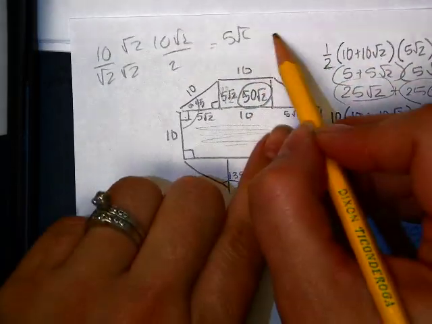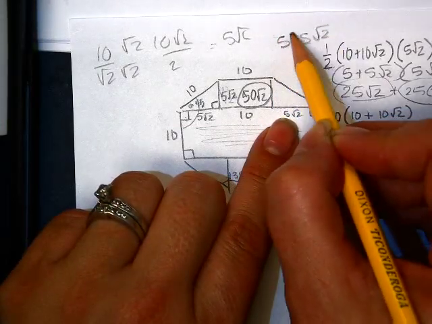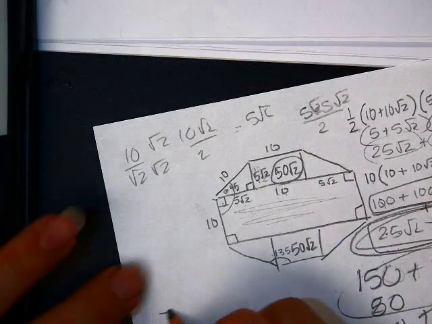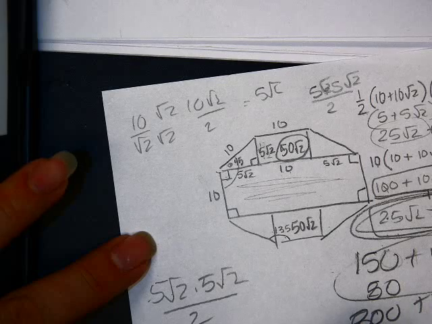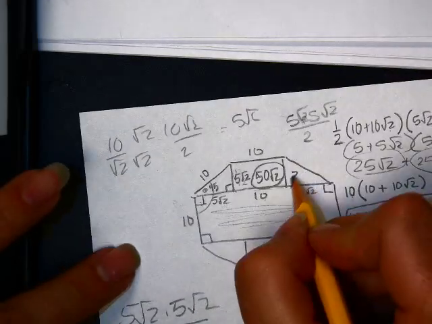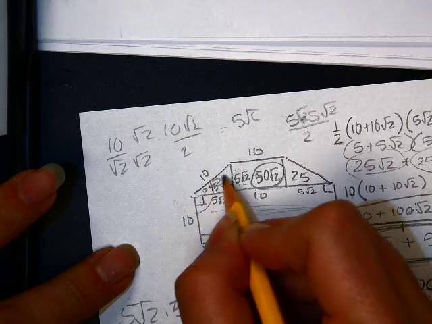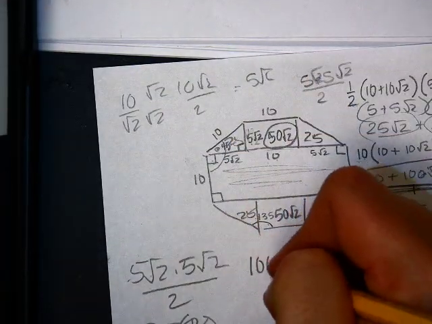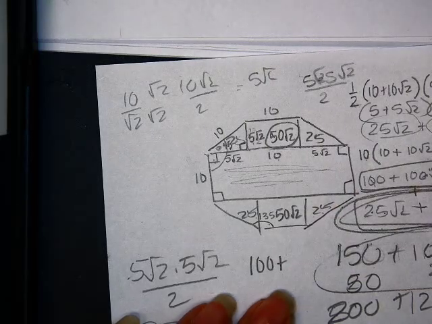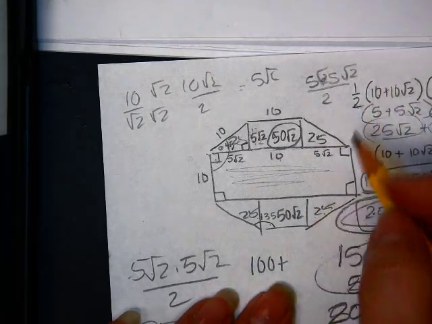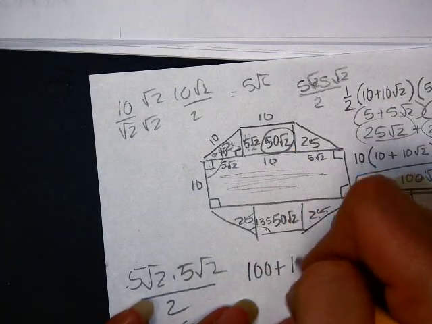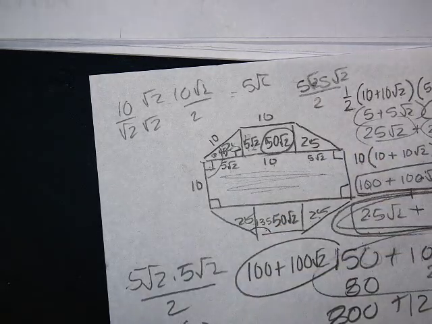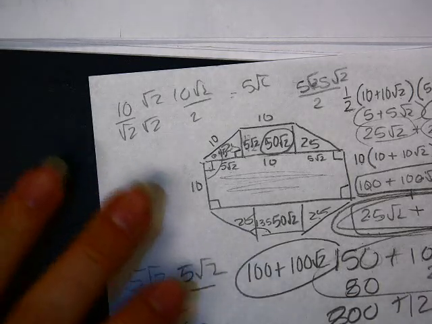And then this one is 5 root 2 times 5 root 2 divided by 2. So that would be 25 times 2 divided by 2, which is 25. So 25, 25, 25, and 25. So that is 1, 2, 3, 4, which is 100. And this is 100 root 2. 1, 2, 3, 4, 100 root 2, plus, what did I say originally?